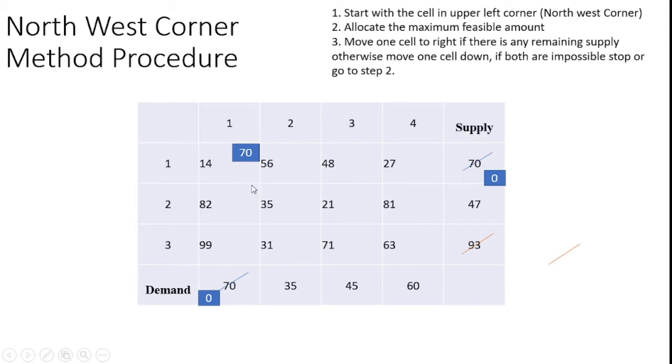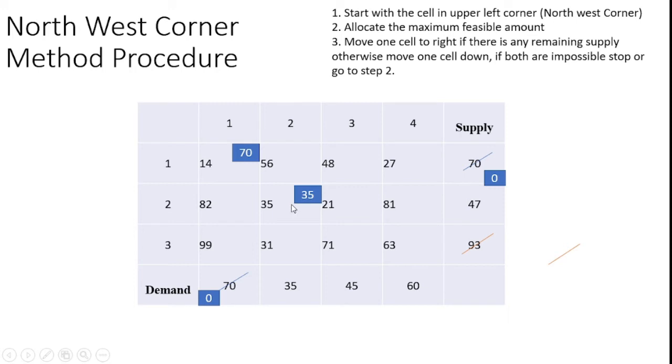What is the next step? I allocated the maximum feasible amount in the respective cell, so I can move to step 3: move one cell to the right if there is any remaining supply, otherwise move one cell down. Here the supply has already reached 0, so I move one cell down.